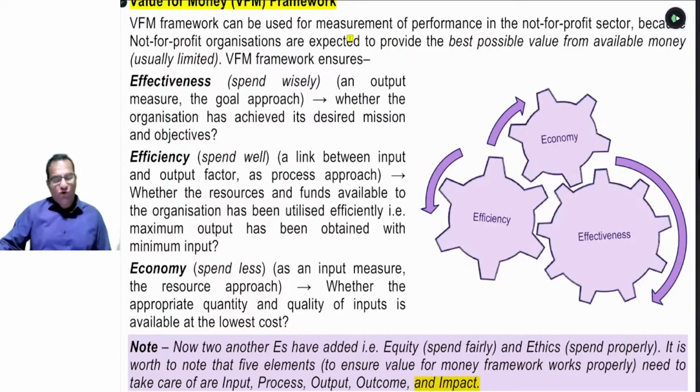Just write down 2 words only. Whether the expenditure has been fairly spent or not. Fairly को अंडरलाइन कर दीजिएगा बेटा. And the last point, ethics.